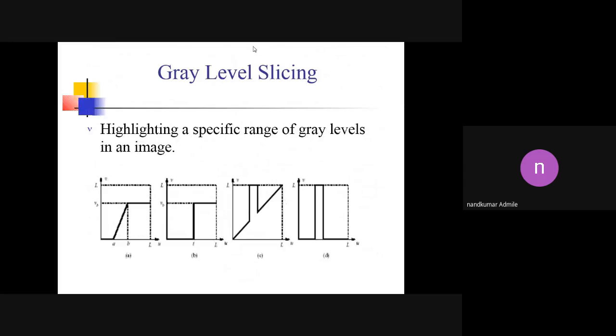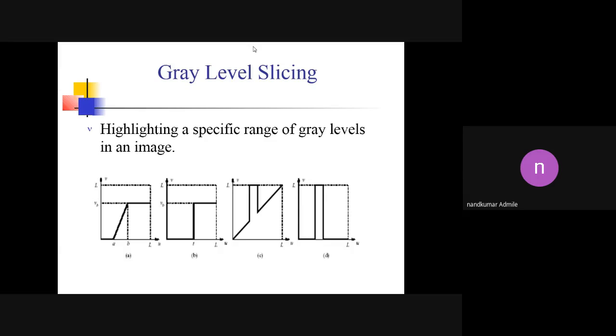Along with this, if we have to increase the intensity of multiple parts of our image at the same time, we can use intensity level slicing. By using it, we can consider the different regions or parts of an image. Using this gray level slicing, we can consider multiple regions from a single image.